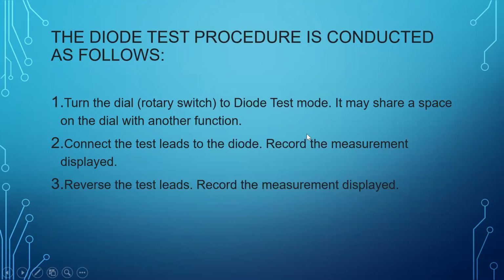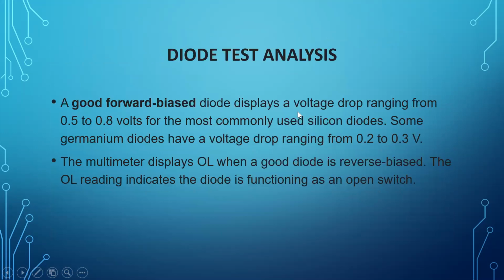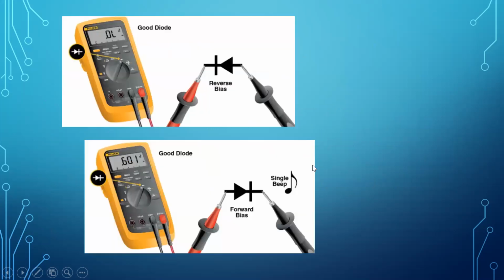When we go for the diode test mode, you keep the switch on that position. When it is in forward bias and you keep it in the voltage mode, you always get a voltage between 0.5 to 0.8 volts. If the diode is good, when it is reverse biased, you are going to see OL on it.